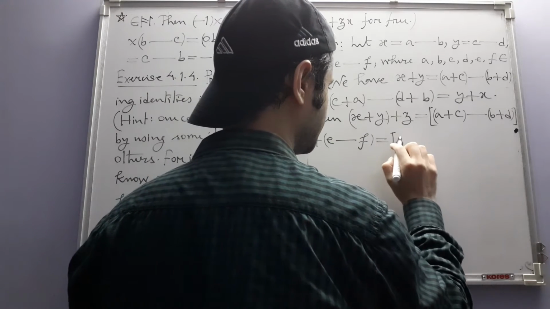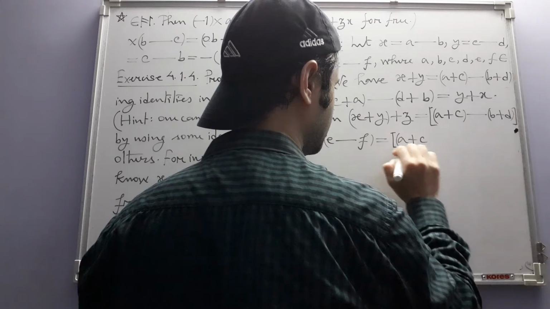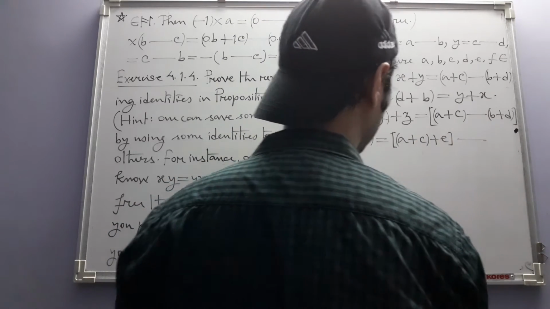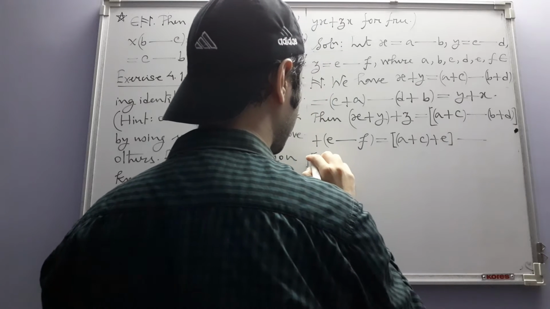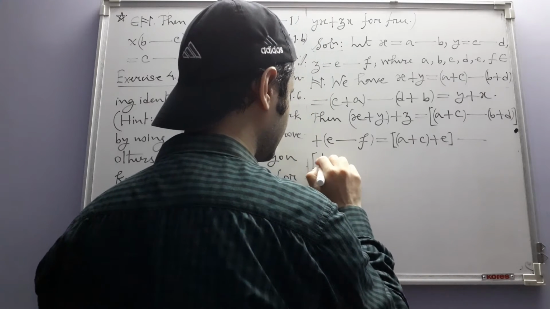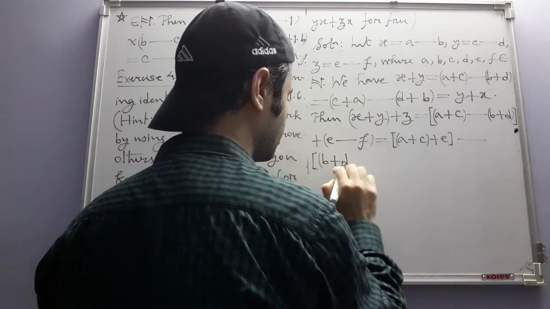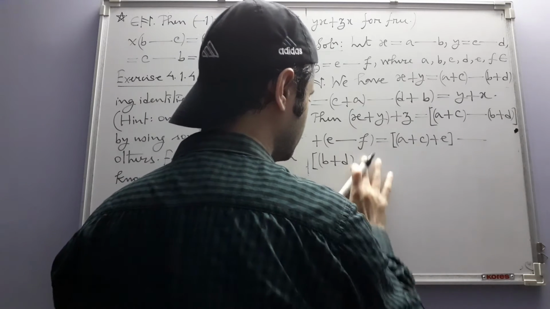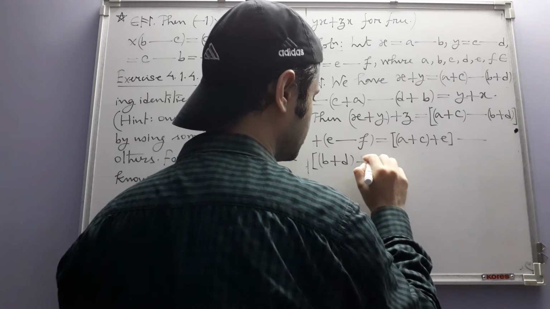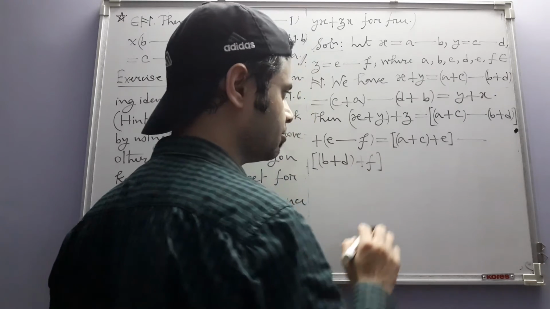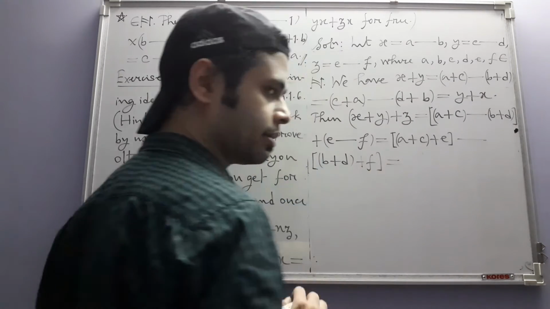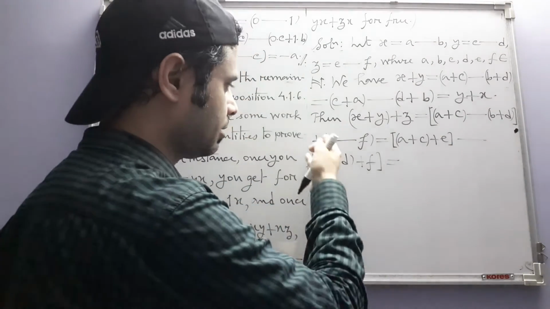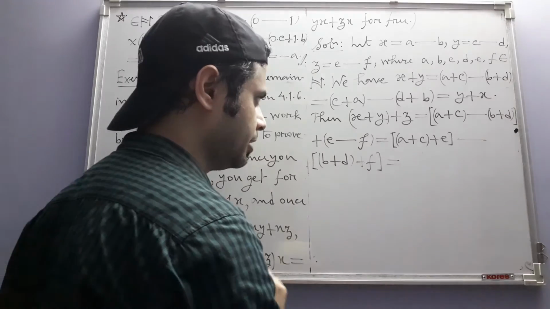So this is pretty straightforward, a plus c plus e. But straightforward or not, we have to keep in mind that we cannot be careless. We should be able to see precisely what we are doing, no matter how trivial that is. So here we have applied again the definition of addition of integers.